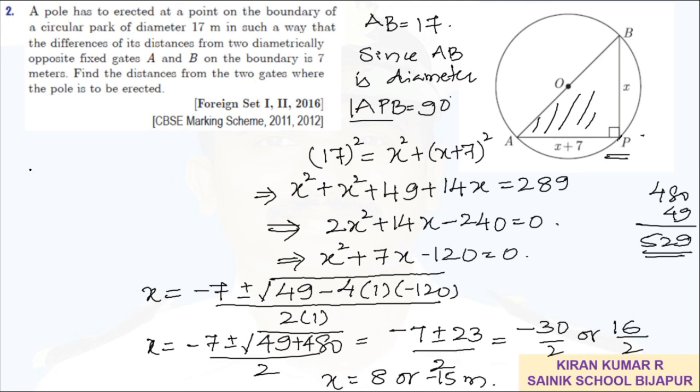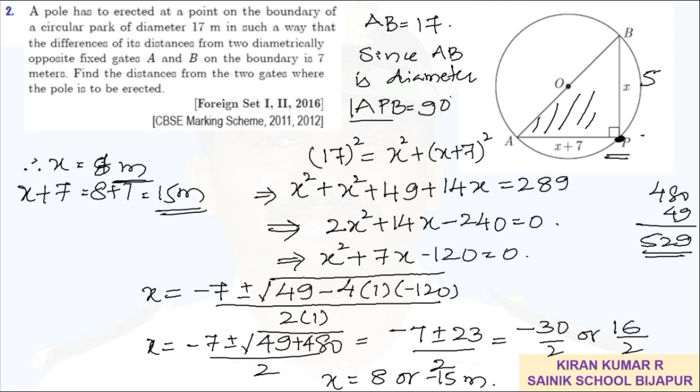So if x is 8, x plus 7 will be 8 plus 7, nothing but 15. So 8 meter and 15 meter are the distances where that particular pole has to be erected. The point P is the point where the pole has to be erected, which is 8 meter away or 15 meter away from point A and point B, or gate A and gate B respectively.